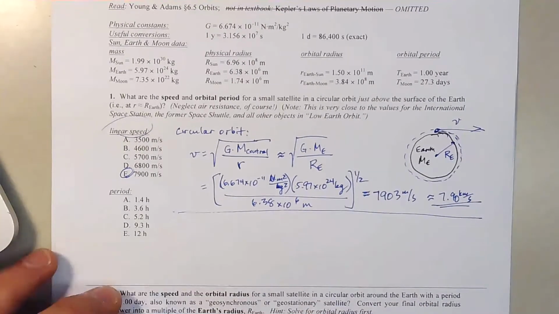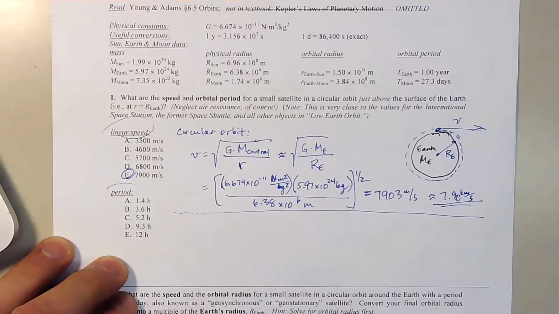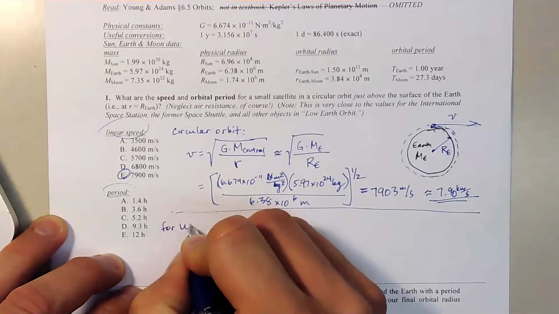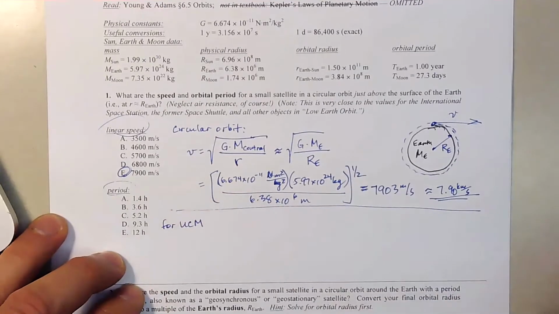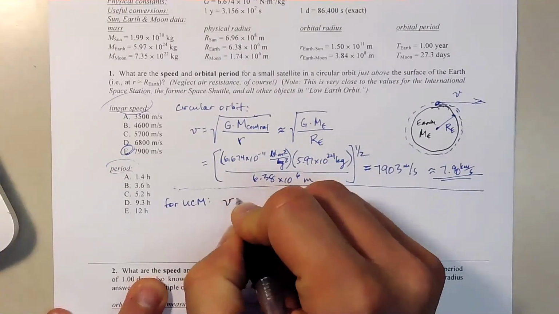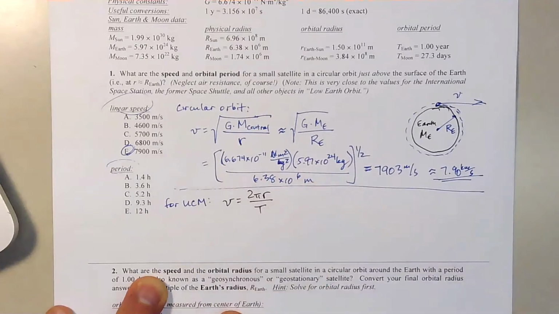Now, once we know the speed of something in circular orbit, how do we find the period? Okay, well, we know that for uniform circular motion from our previous lecture, speed is equal to circumference divided by period.